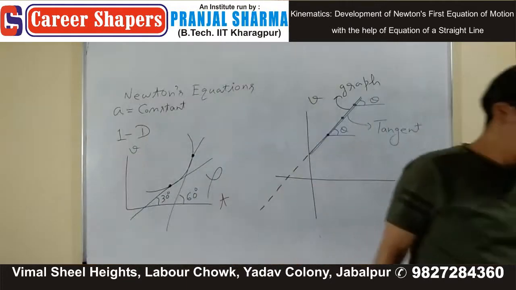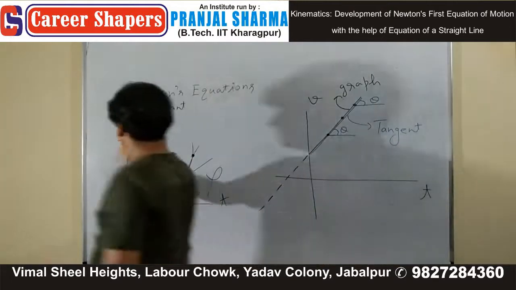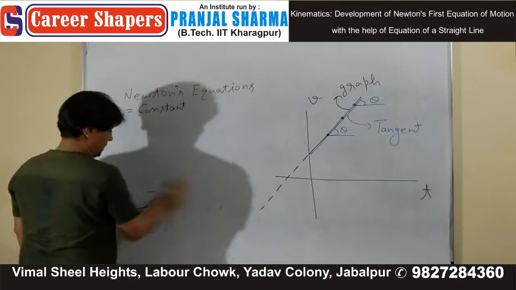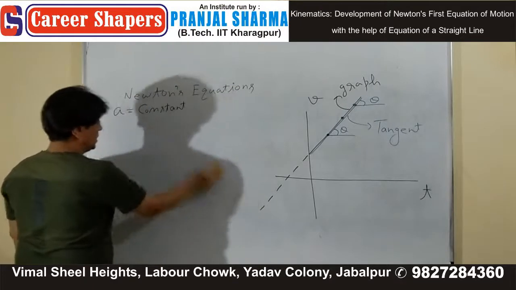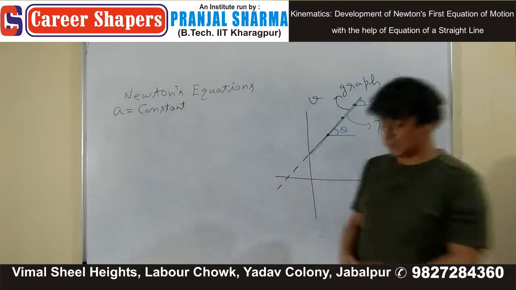Graph between velocity and time should be a straight line. I'll take 5 minutes more and therefore have patience. Graph between velocity and time should be a straight line.